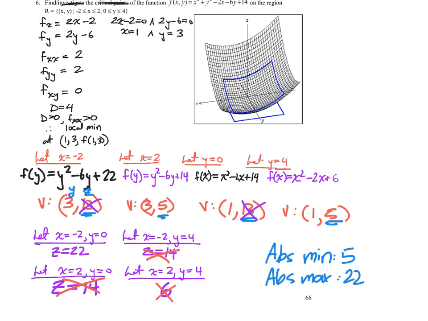Plug it in. That's a 4. Okay, so the absolute min is actually 4. Because this is the coordinate 1, 3, 4. The z value here is smaller than this one and this one. So the absolute min is actually a 4 instead of the 5. All right, so almost screwed that whole problem up.